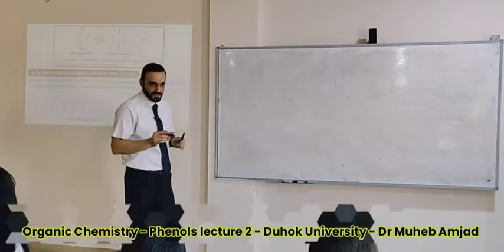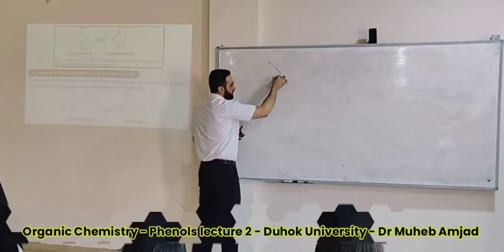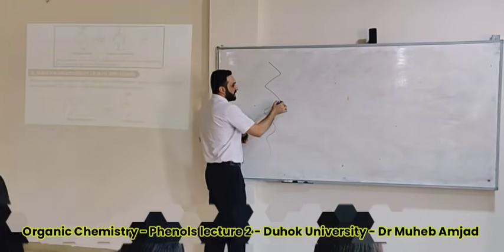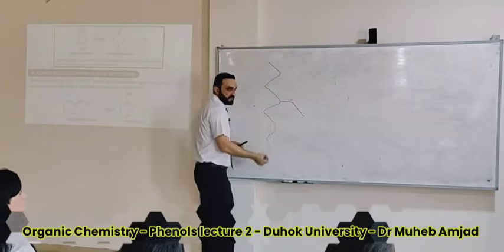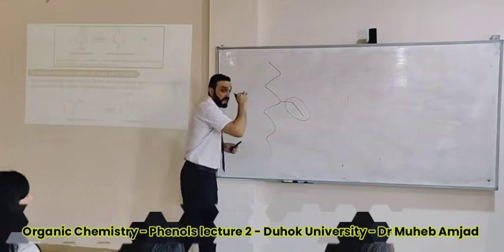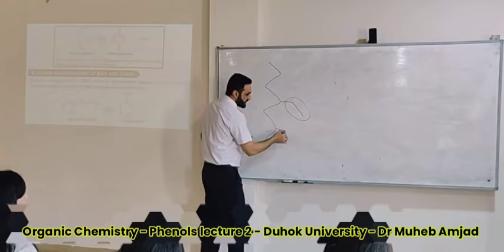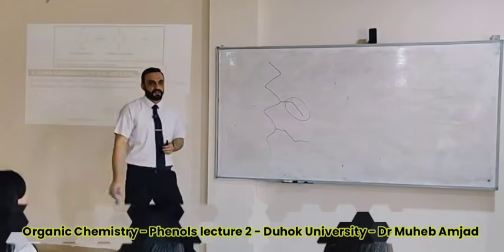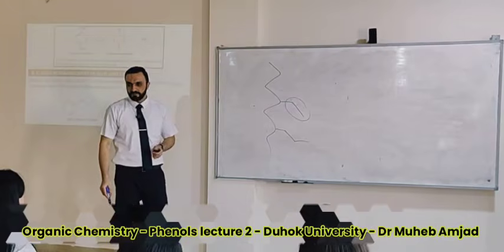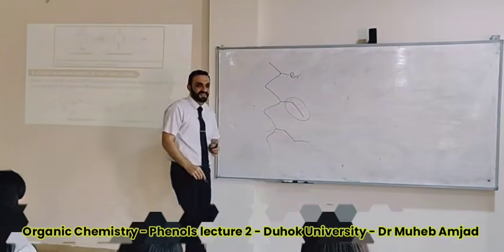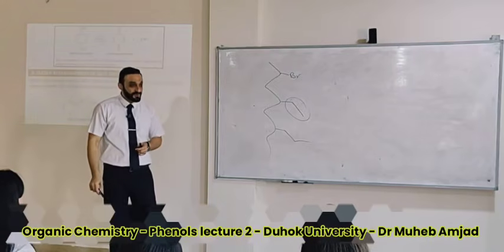Any question? No question? So if you have a long chain, for example, and you have this group, what is this group? Do you know? Ethyl, alkyl. Tamam. This? Propyl. This? Bromo.